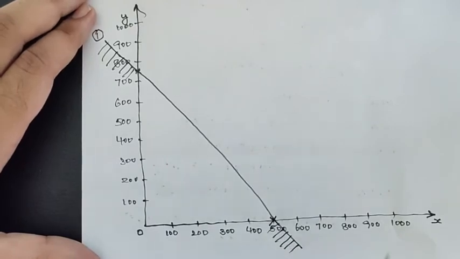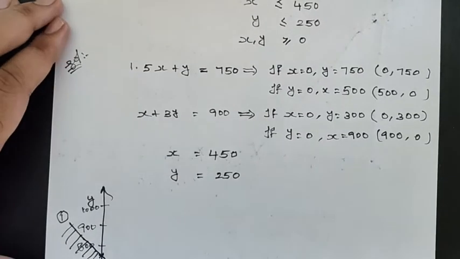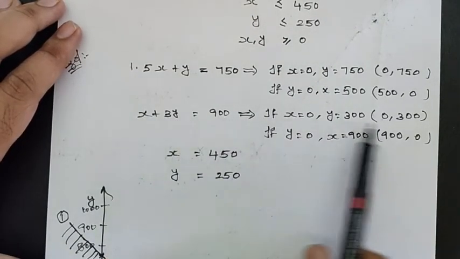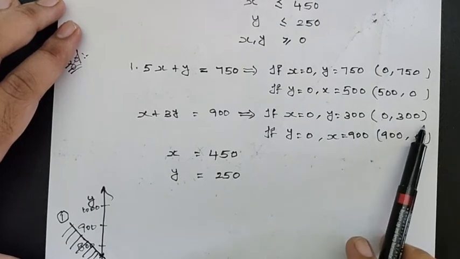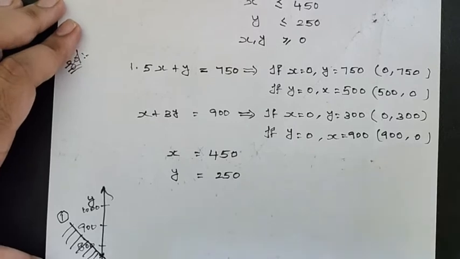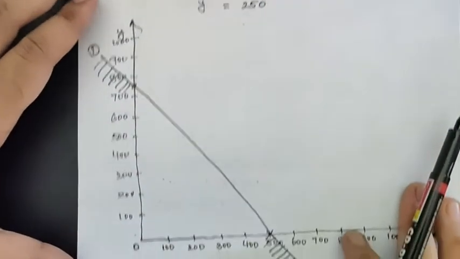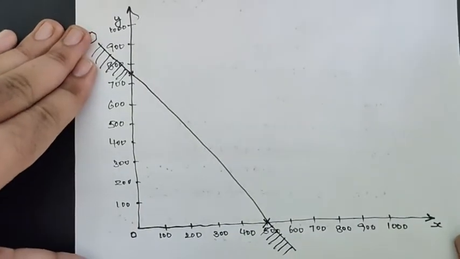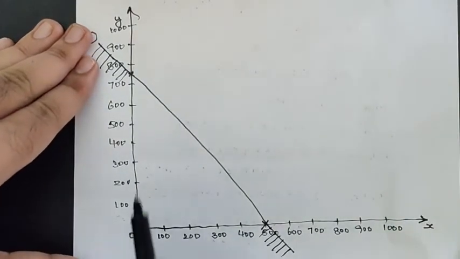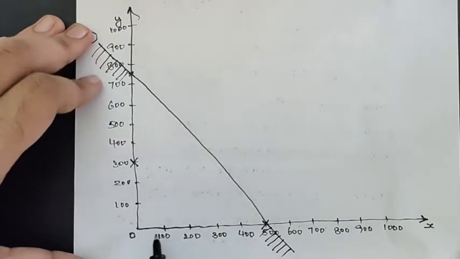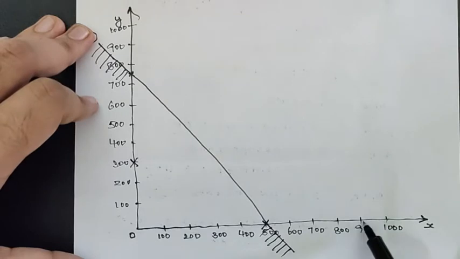Right. Next, let us go for the second one. So the second equation is x plus 3y is equals to 900. So the vertices are (0, 300) and (900, 0). So now let us locate those points. So first one is (0, 300), which means x is 0, y is 300. And the second vertex is (900, 0), which means x is 900, y value is 0.